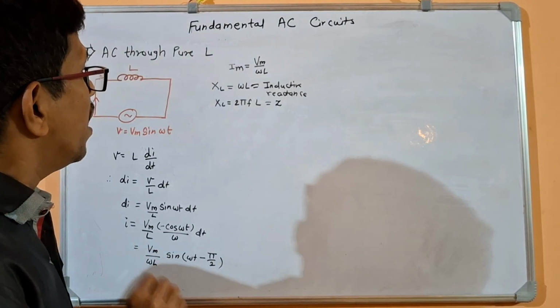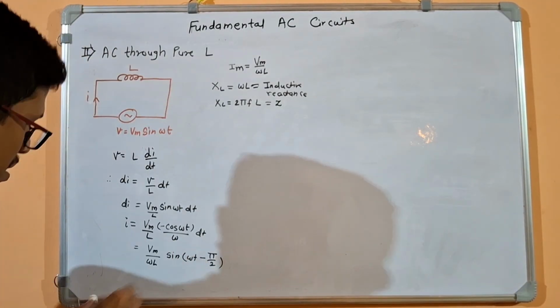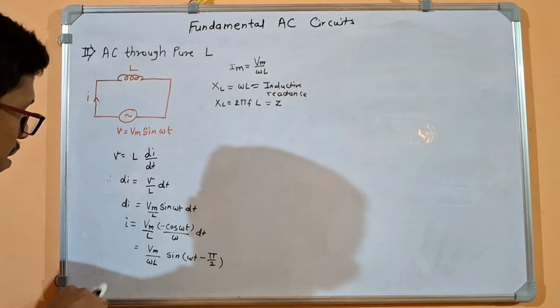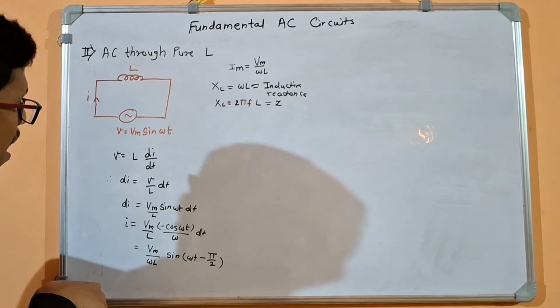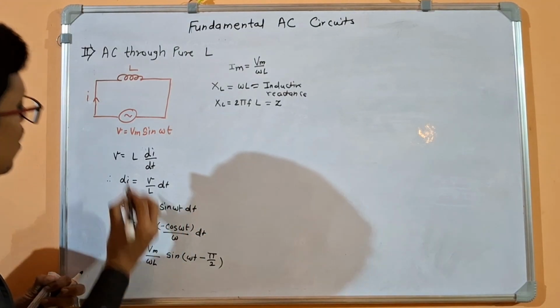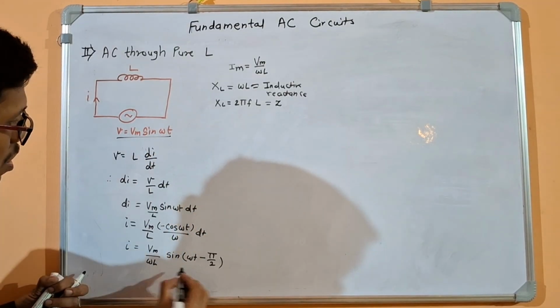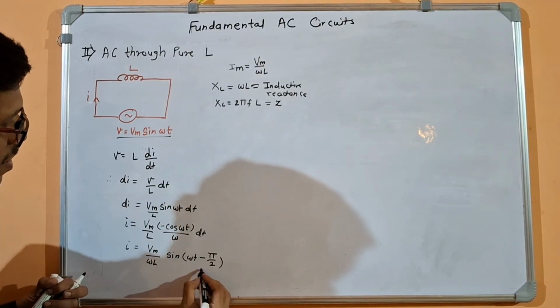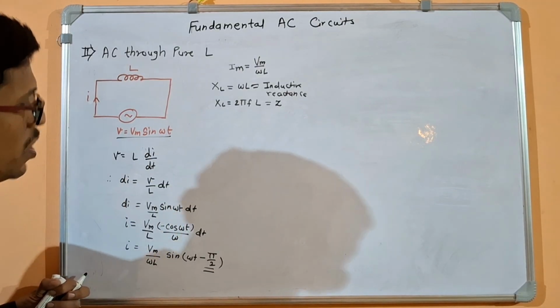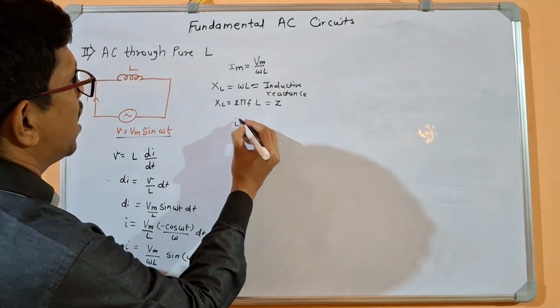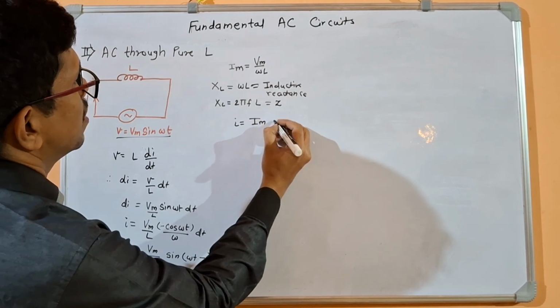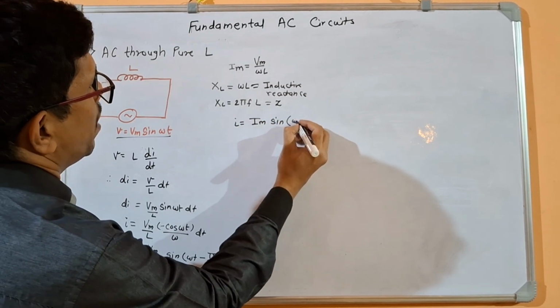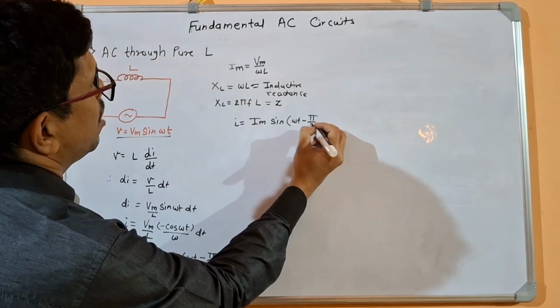Okay, now if we compare the current equation and voltage equation, you will get a difference of pi by 2. So you can write I is equal to Im sin omega t minus pi by 2.